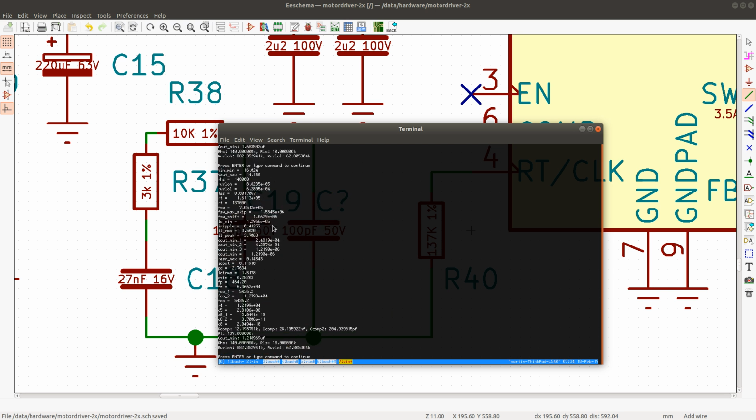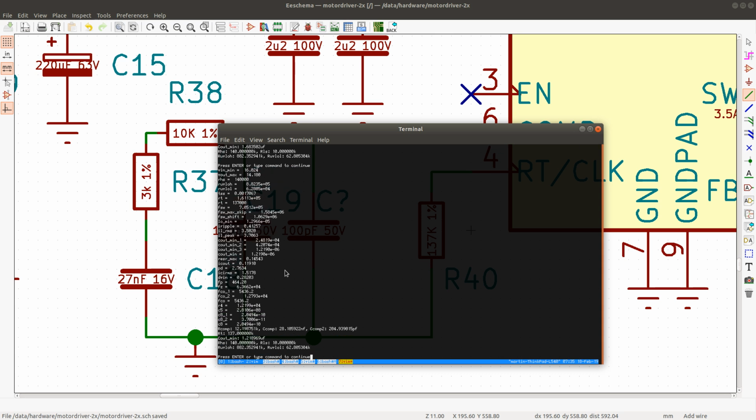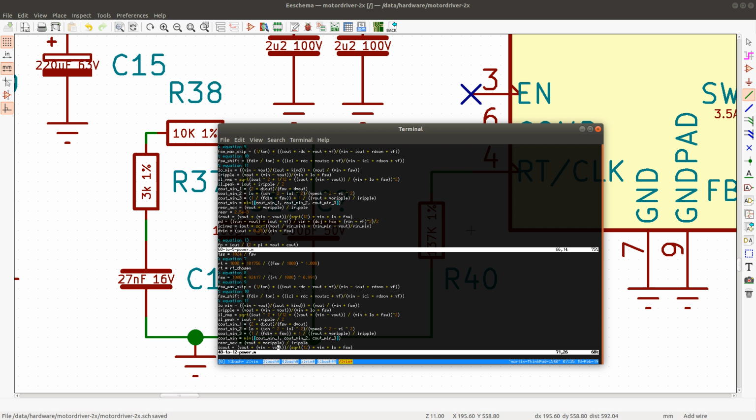So this is a necessary step. So we get 700 kilohertz switching frequency, and then, so what changed here? Let's see where switching frequency is used below this.